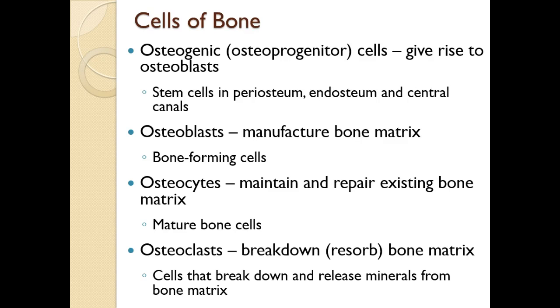Okay, so on the test I use osteoblast and osteoclast a lot. So you kind of know that they have an opposite role, right? Osteoblast's job is to what? Form bone or make bone, whereas osteoclast's job is to break down bone. Okay?